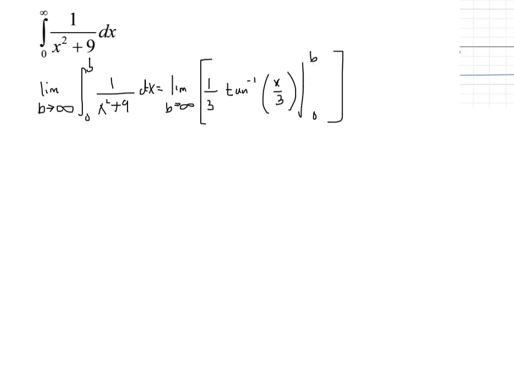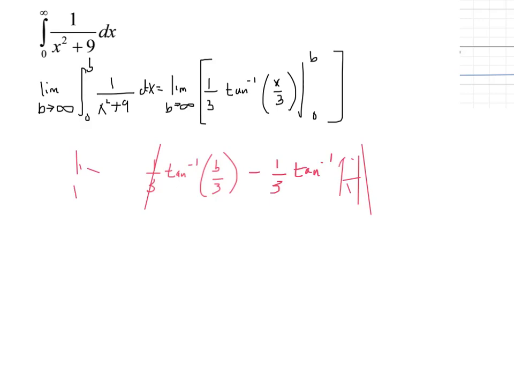As we now plug these values in, we have 1/3 the inverse tangent of b over 3 minus 1/3 the inverse tangent of 0 over 3, and we're still taking the limit as b approaches infinity.